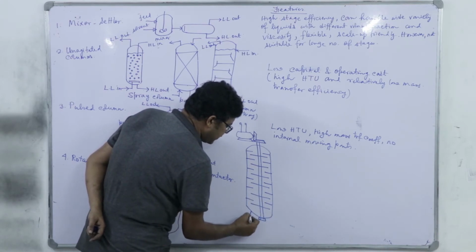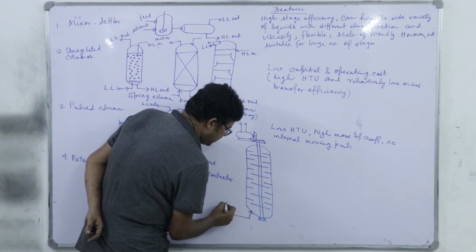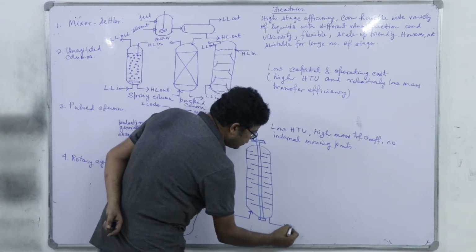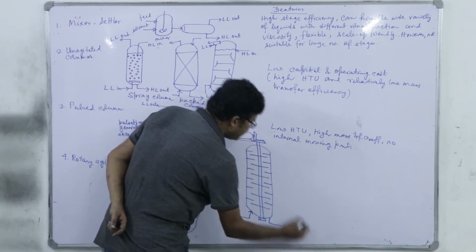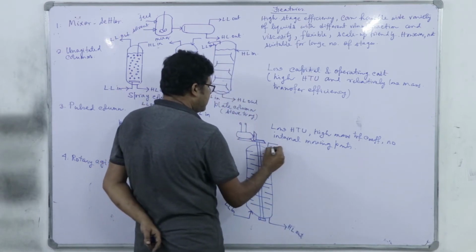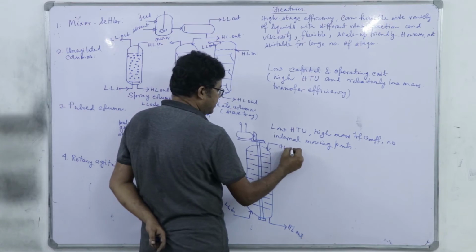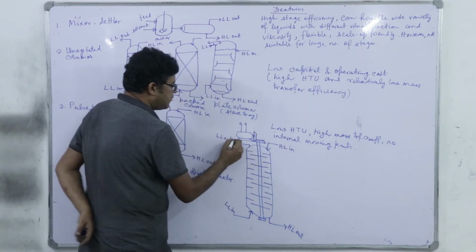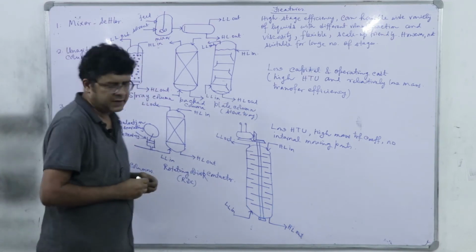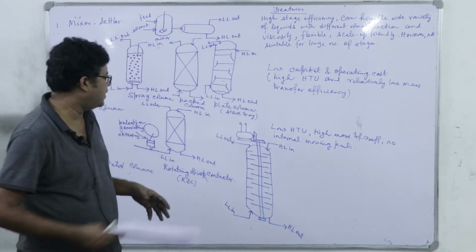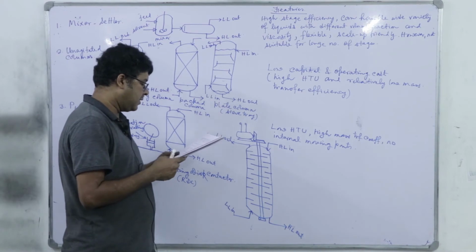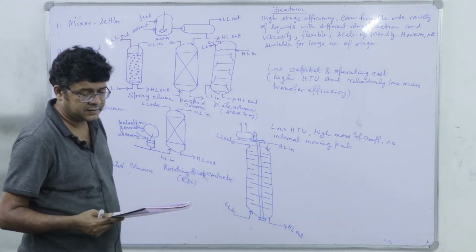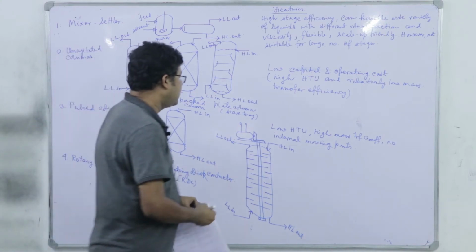So, here we charge the light liquid in, here we withdraw the heavy liquid, charging this heavy liquid and withdrawing light liquid, right. So, definitely this rotating disc contactor, they have got moderate to high capacity, accommodates many theoretical stages and low cost of operation.